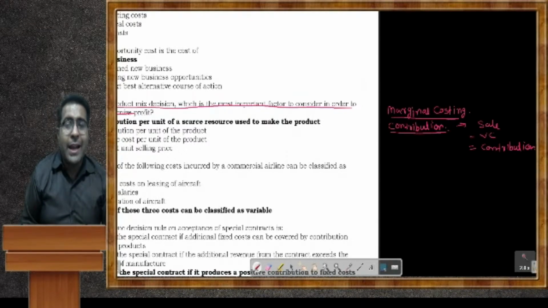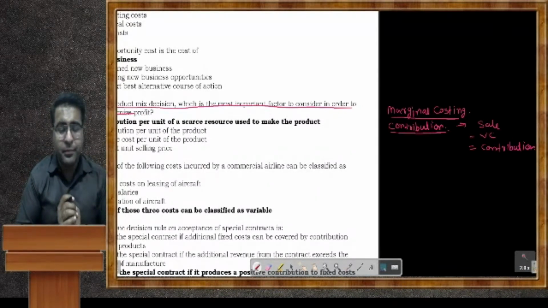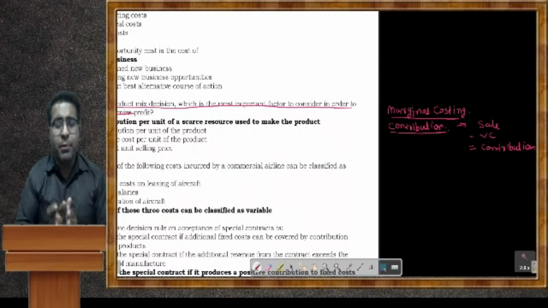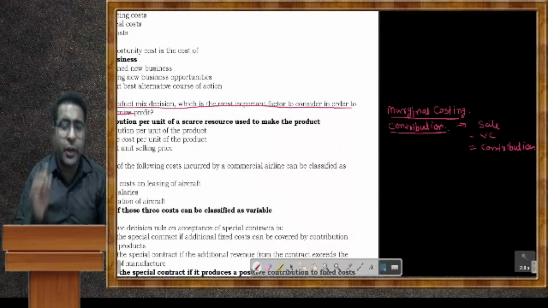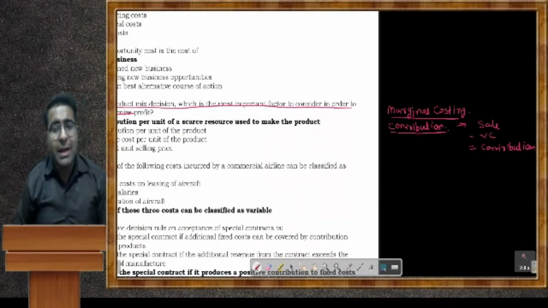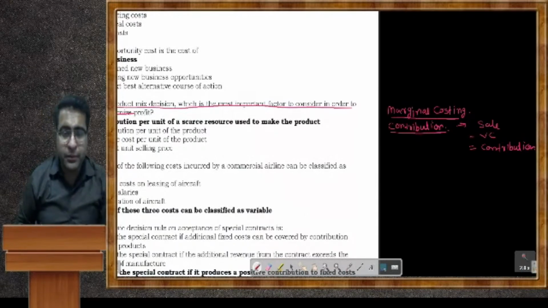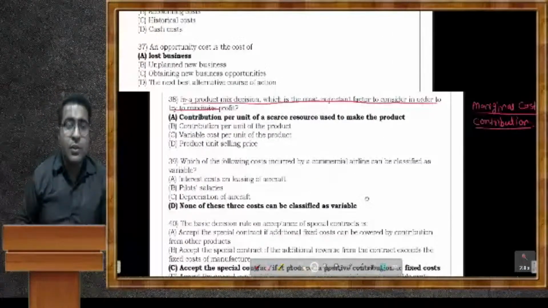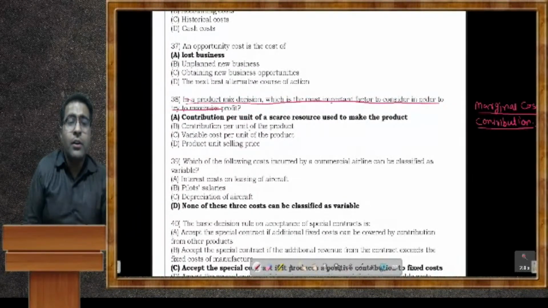For any type of product decision, we have to calculate contribution per unit on the basis of a particular factor, the limited factor we have to use. So in this question, there is an option: contribution per unit of a scarce resource.